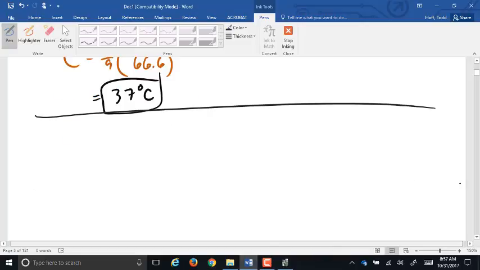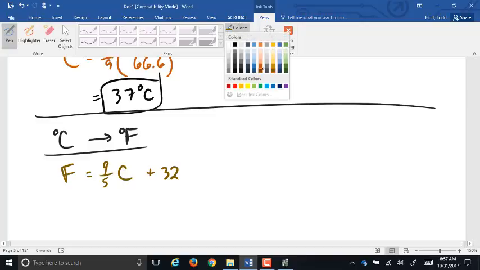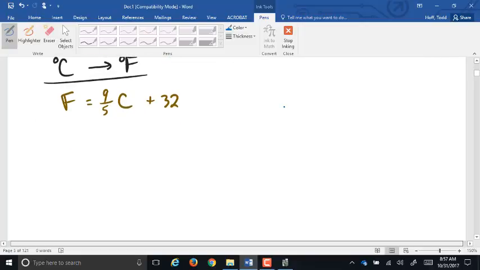If you want to go the other direction, from degrees Celsius into degrees Fahrenheit, our Fahrenheit temperature is found by taking our degrees Celsius, instead of times 5/9, it's times 9/5. Then we have to add that 32 degrees on it to account for that change. So what if I tell you that the radio comes on and says it's going to be 25 degrees Celsius today?